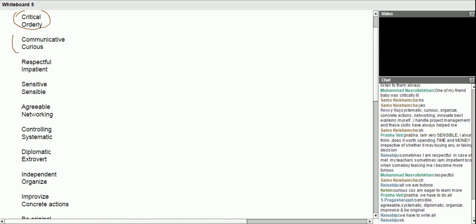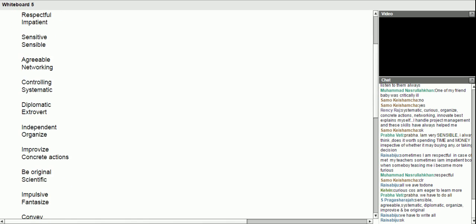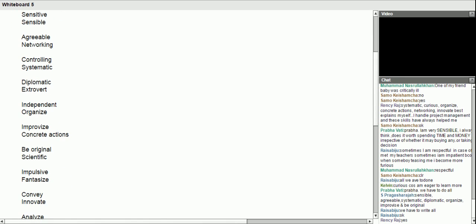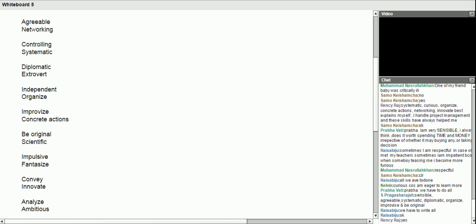Should I or should I not? After organize, yeah. Okay, you have to solve these as well. You have to solve till harmonious and coordinated. Okay, that's it.